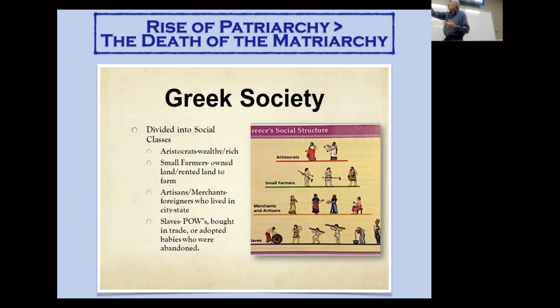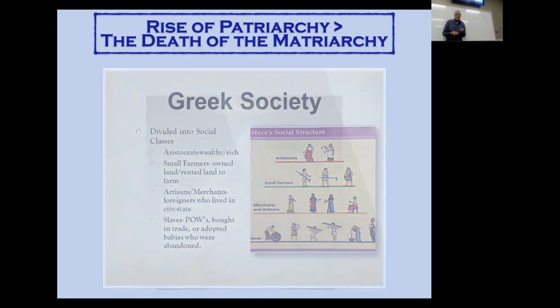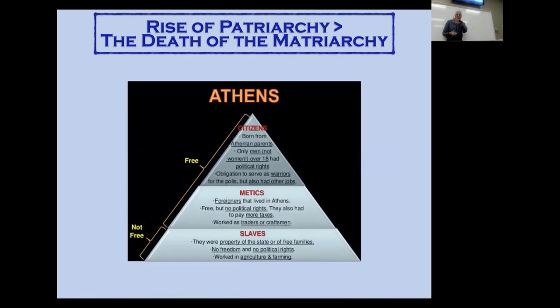The same with larger herds of domesticated livestock. And so the Greeks, instead of killing their enemies, enslaved them, brought them back to work in the fields and also in the households. And a hierarchy was set up.